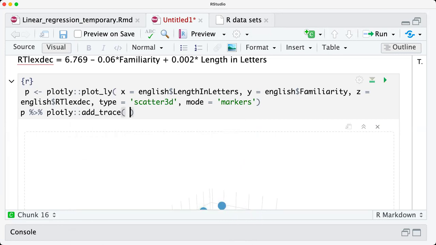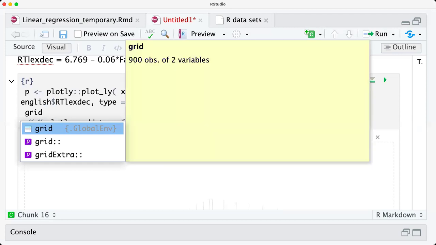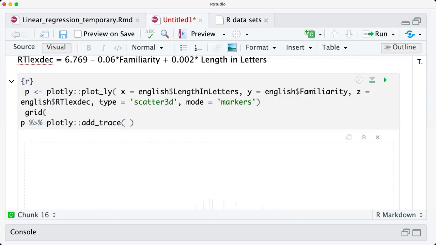I have to do a little bit. I have to take a grid of points, and this can be done with the command expand grid.